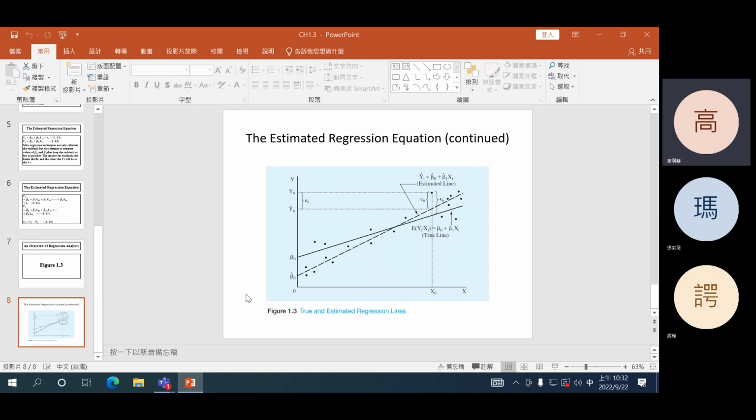The symbol is like this, with the hat on Y, beta 0 and beta 1. They show the so-called expected Y given X. So this is the deterministic part. And the difference between the actual one and the estimated one is the residual. I think this diagram is similar to what I have here.